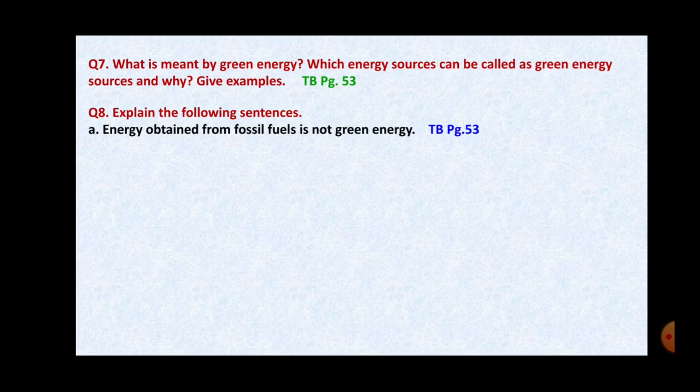So considering all these points, it is said that energy generation from fossil fuels and nuclear fuels is not environment friendly or eco-friendly. Now here the answers are given in paragraph, but you have to write the answers in points. As I always tell you, in science you have to write the answer in points. So these 3 points you will write and you will elaborate them.